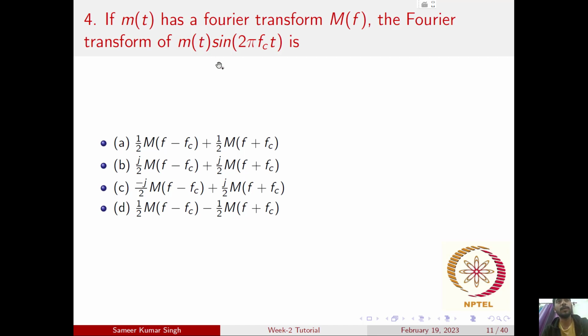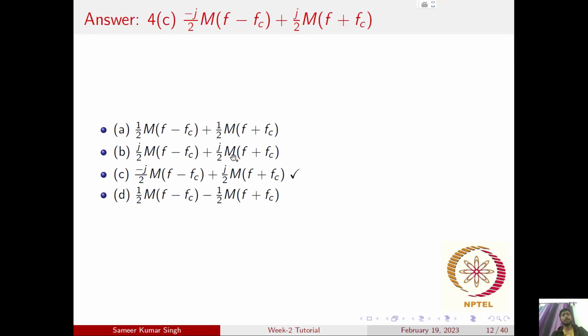Here I'm giving the hint: you can break this term in the form of exponential terms and just apply the property of that term. So the answer will be option C.